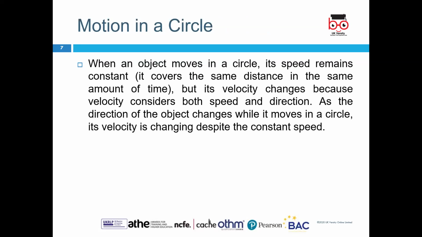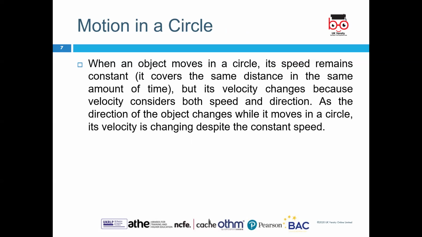So the next concept we look into is motion in a circle. When an object moves in a circle, its speed remains constant. That is, it covers the same distance in the same amount of time. So that is circular motion, but its velocity changes because velocity considers both speed and direction.